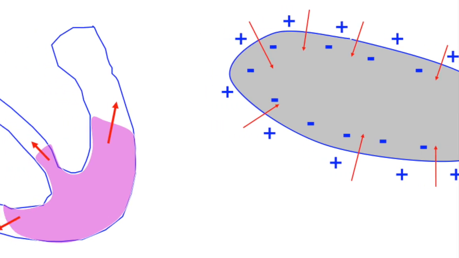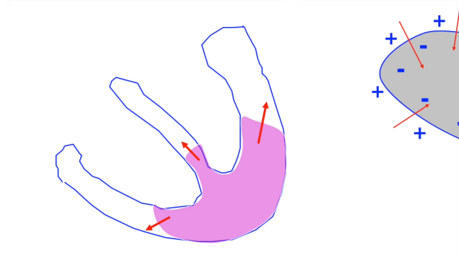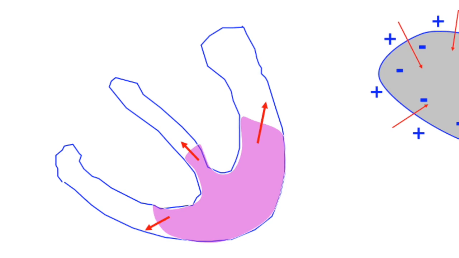Then we can get even more anatomically realistic and even bigger scale, where we have this cross-section, very schematic again, through the ventricles. And now we see this purple region is excited and the white region is at rest. And at each boundary between the excited and the resting region, we could picture a dipole. In this case, 3 dipoles capturing this wavefront as it moves up the left and right and septal regions of the ventricles.